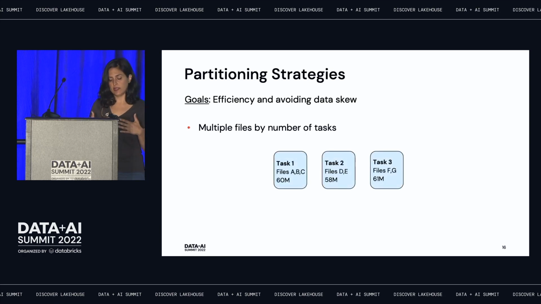Here we iterate the list and divide the files between the desired number of partitions. And we do it in a smart way. Not all the files are the same size, so we have algorithms that balance between the number of files in each partition and the total size of the partition.